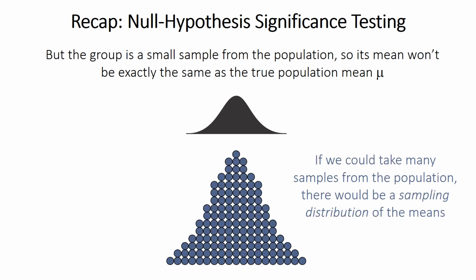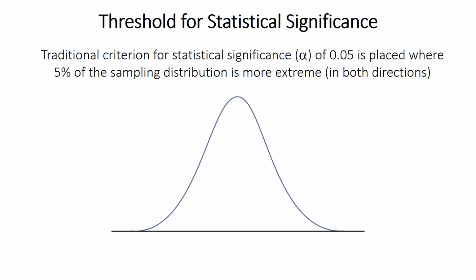This is a distribution of sample means, and it's called a sampling distribution. It's what we'd expect to find if we obtained many samples from the true population with a particular sample size. The conventional cutoff for statistical significance, alpha, traditionally set at 0.05, is related to this sampling distribution. We can find the area under this curve that represents the most extreme 5% of our randomly drawn means, which we do in both directions.